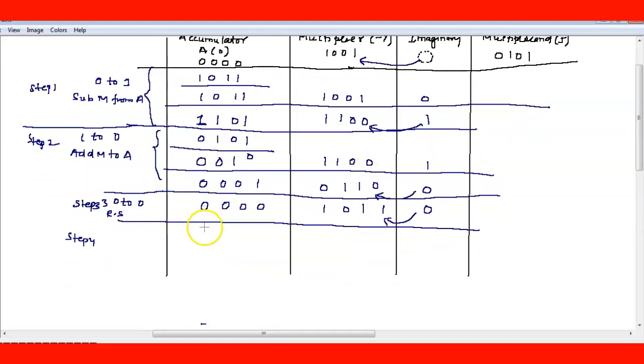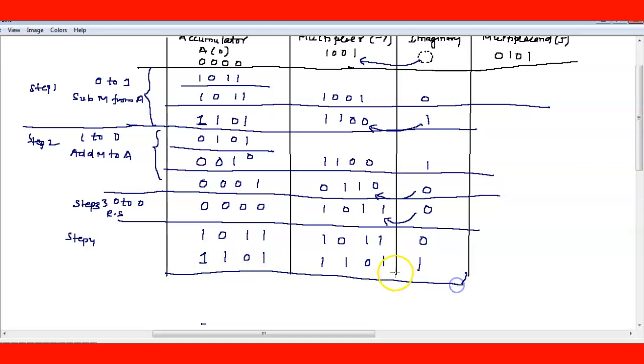The upper term is 0 only, so adding gives 1 0 1 1, and the rest stays as it is, 1 0 1 1 0. But do the right shift: 1 1 0 1 1 and 1 0 1 1, with the MSB written as it is. So all 4 steps are over.